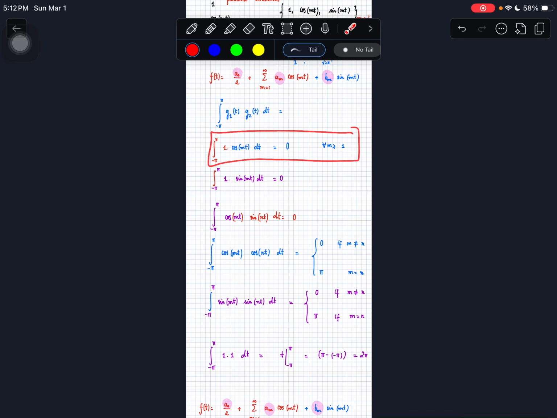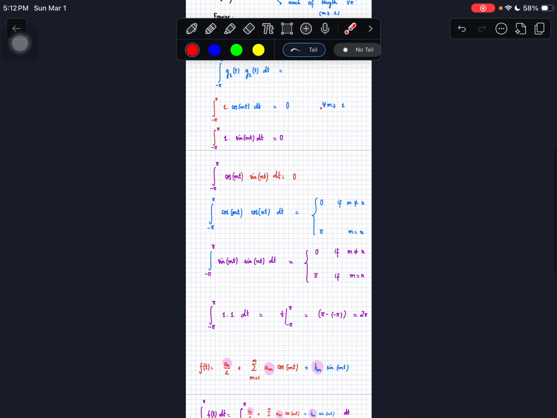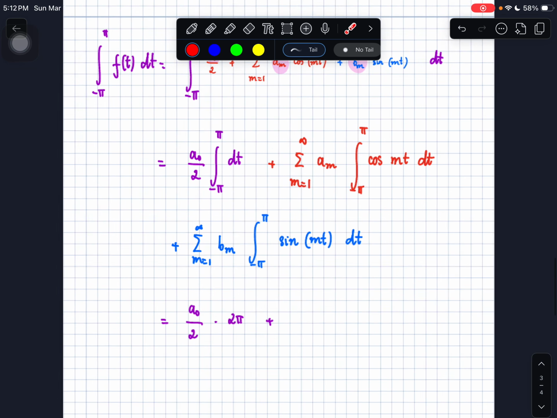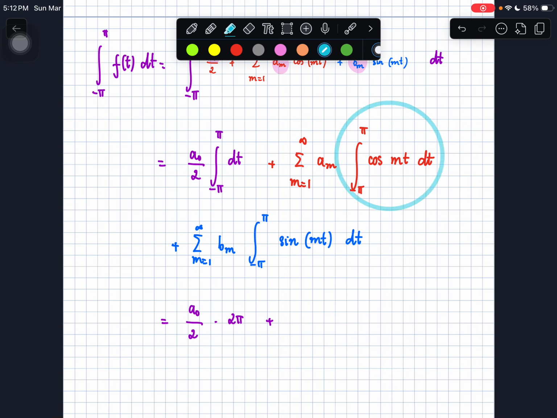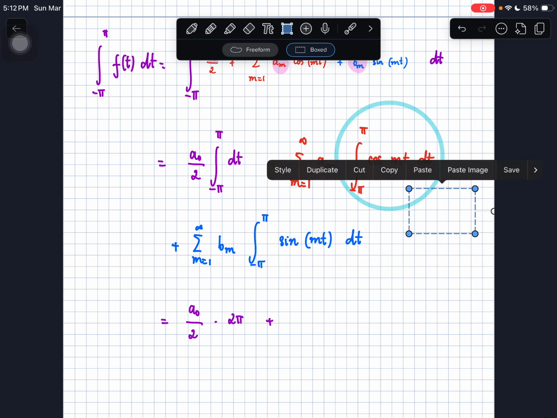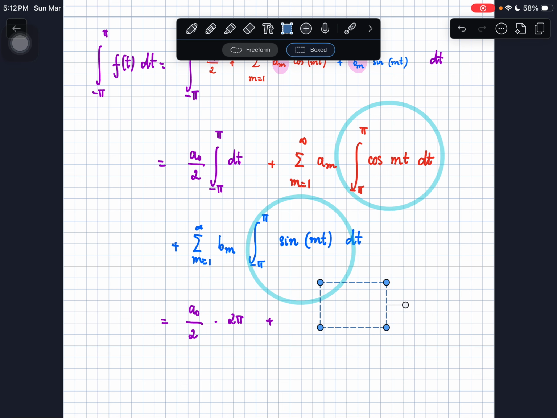This integral is 0 for any m greater than or equal to 1. These terms will give us 0. Similarly, these terms will also give us 0. So everything else is 0 except the first term. So plus 0 plus 0.